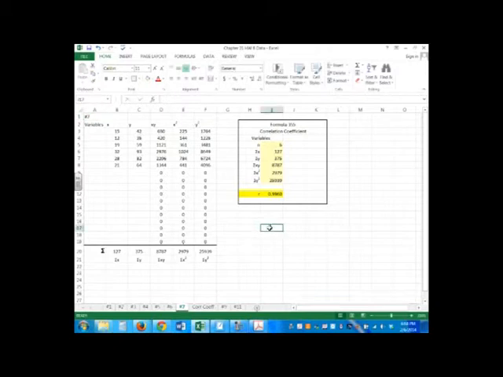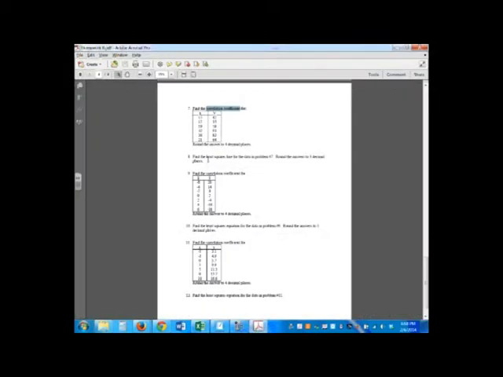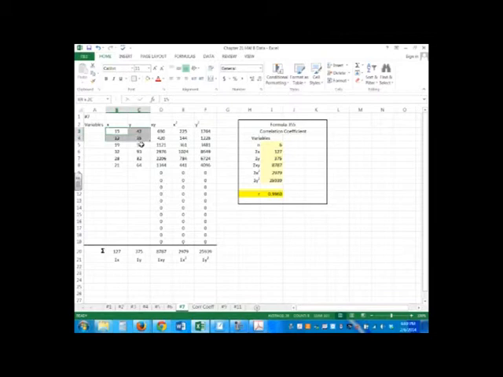Number 7. Okay, on to number 8. Find the least squares line. So what does that mean? Since these data points don't make a perfect graph, if I was to graph this line, it's not going to be a perfect line.